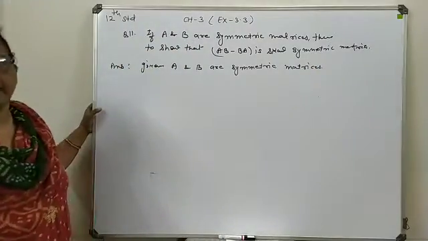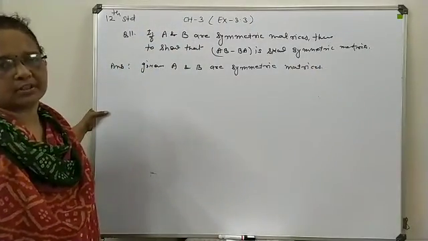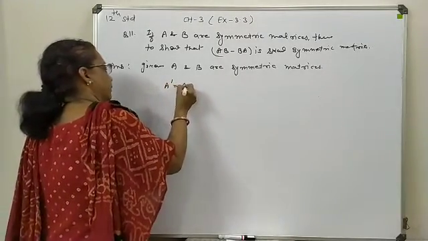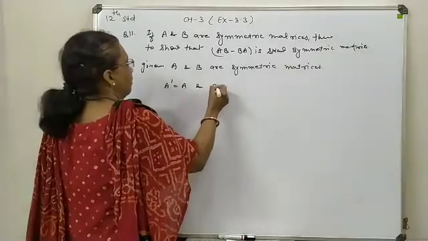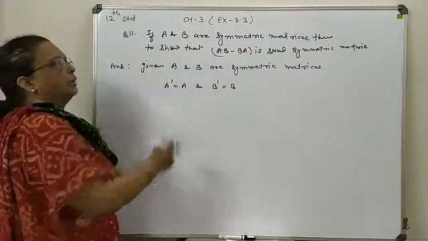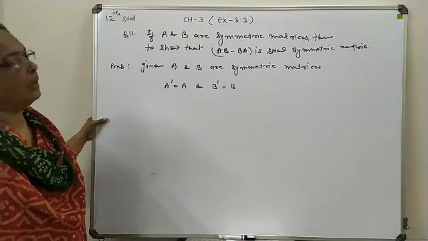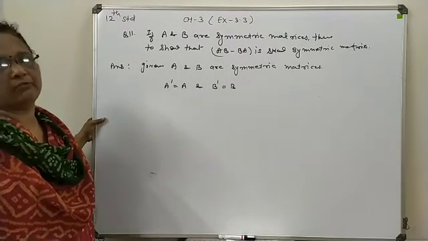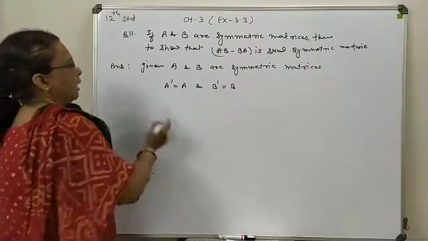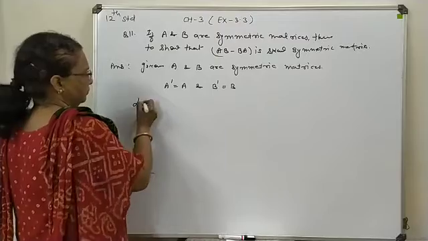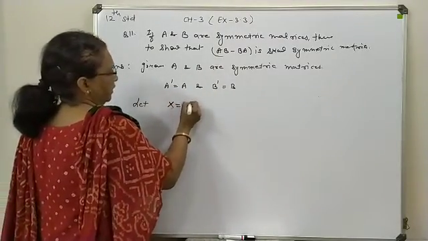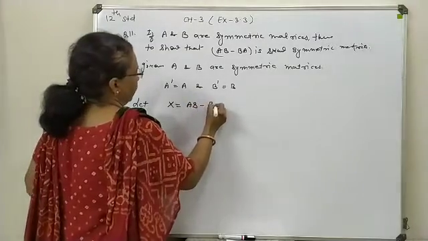That means we can use the respective property of symmetric matrices: A transpose can be written as A and B transpose can be written as B. Now we have to show that AB minus BA is skew symmetric. So again we have to talk about the transpose form of the given combination. Now let our given expression be X, that is AB minus BA.